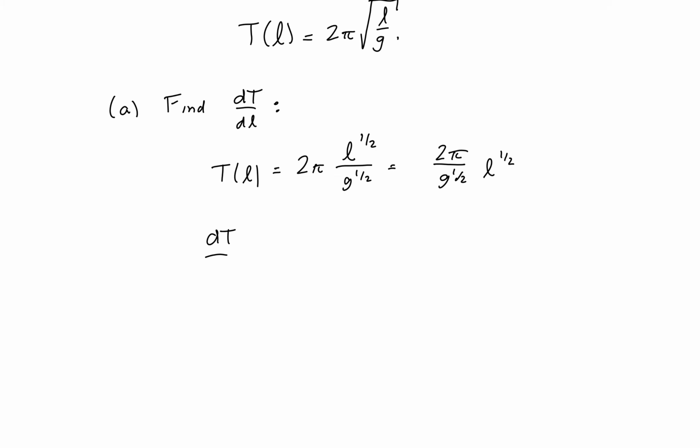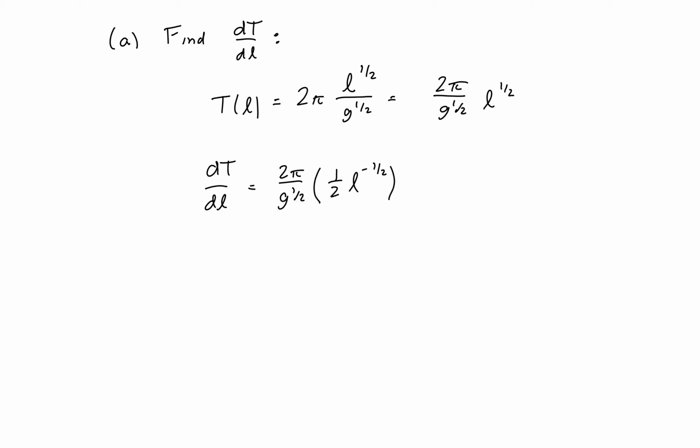So now I can use the power rule with the L, so these constants out front just stay the same. Nothing happens to these. And then for the derivative, I'm going to bring that 1/2 down and subtract 1 from the exponent. Now the 2 and the 1/2 will cancel, so I'll have pi over G to the 1/2, L to the minus 1/2. And that's our derivative.